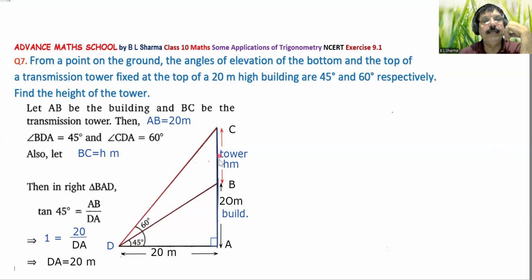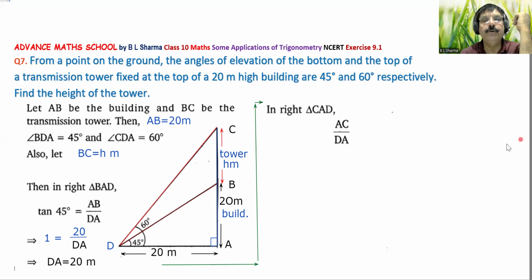Now in right triangle CAD, for the 60-degree angle, AC is the perpendicular and AD is the base. AC upon DA is tan 60 degrees. Tan 60 degrees is root 3.